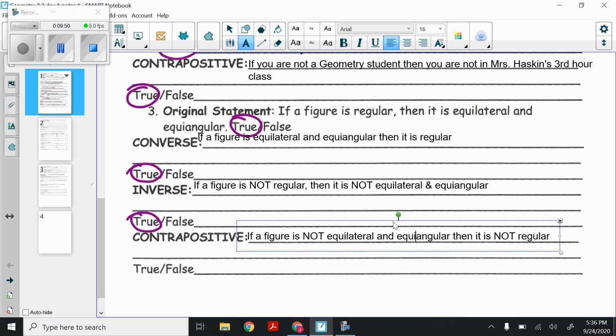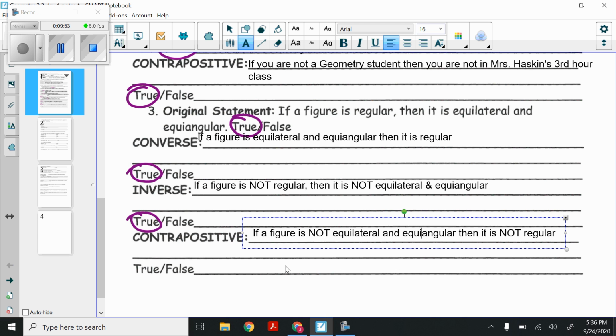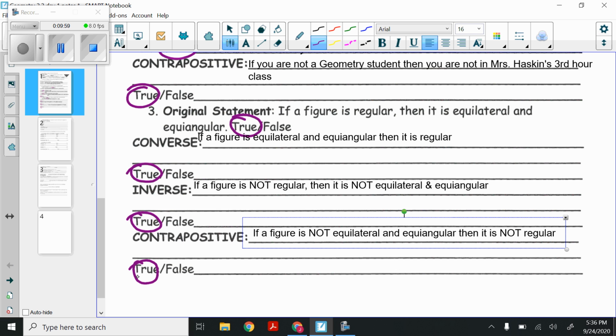And we want to know, is that true or false? So if a figure is not equilateral and equiangular, then it is not regular. Again, that is also true because that's just the definition.